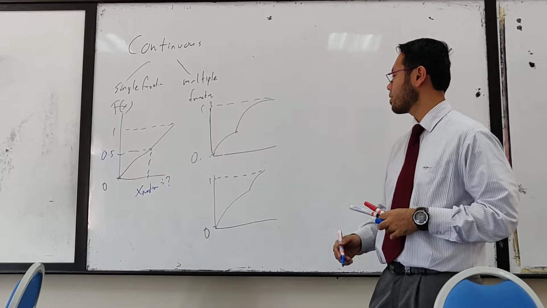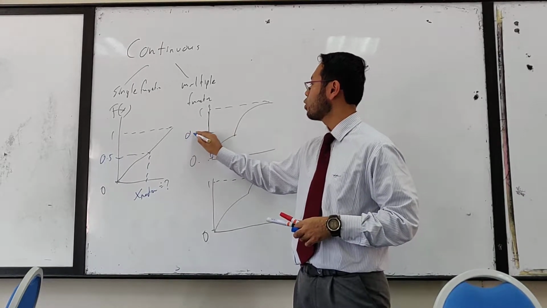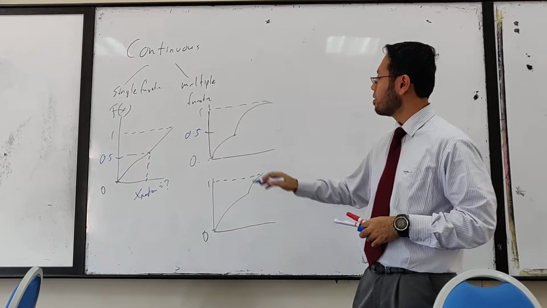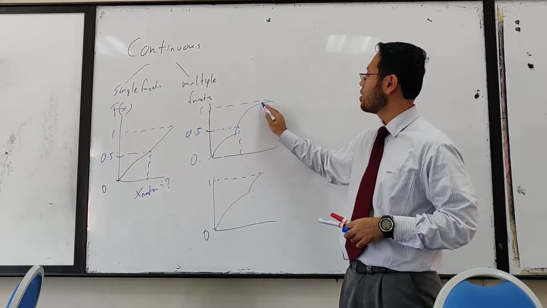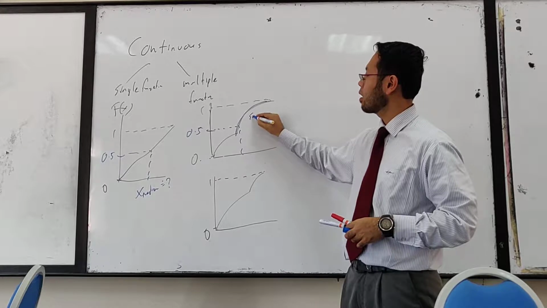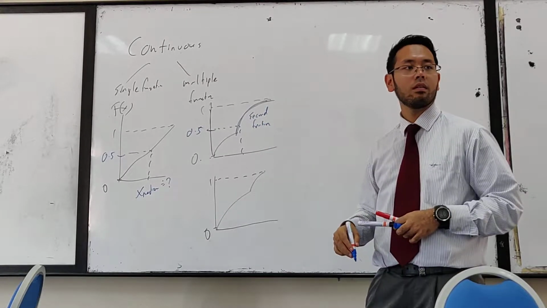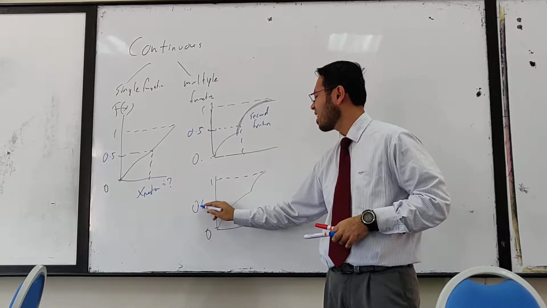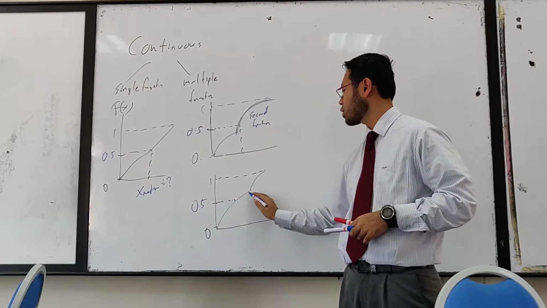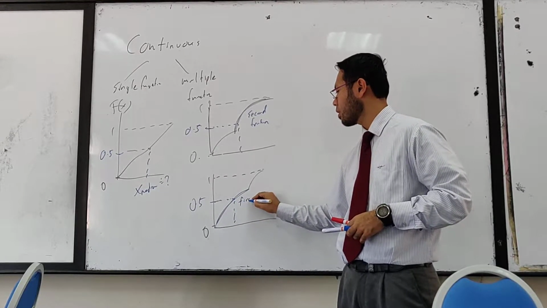What's the problem with this? Let's have a look at the median again, 0.5. For this one here, it touches on the second function. But for this one here, it touches on the first function.